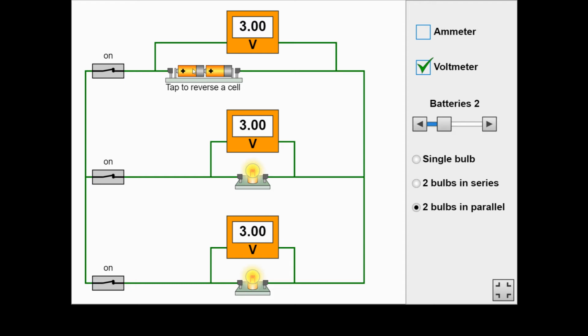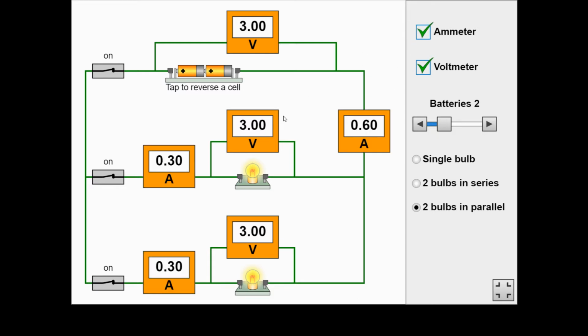And that does have some implications for current, because where we talked about current before was always the same on that one loop. Now we've effectively got two loops. So what happens with our current is on each loop, the current is the same. So hence on these two wires, where they've got exactly the same components in each loop, the current is the same.